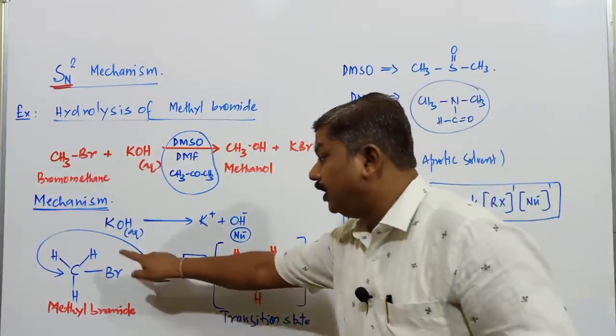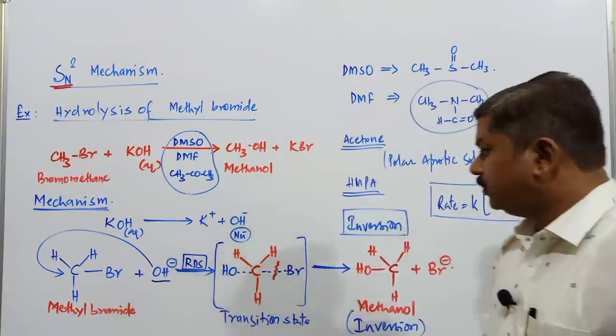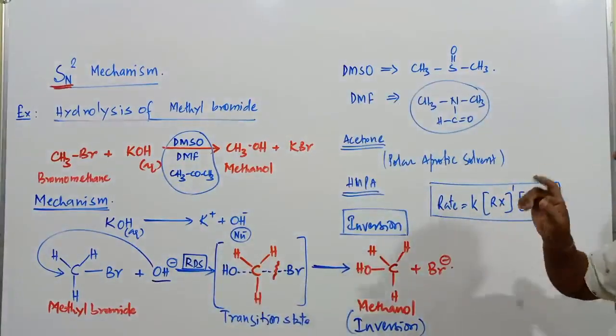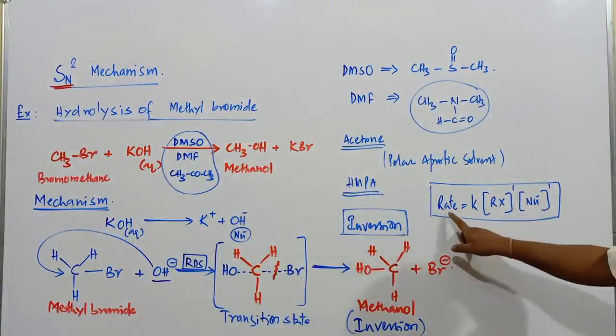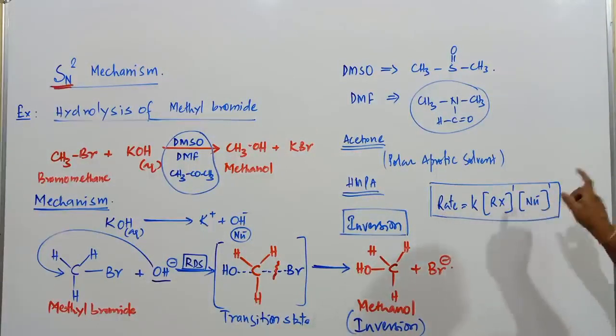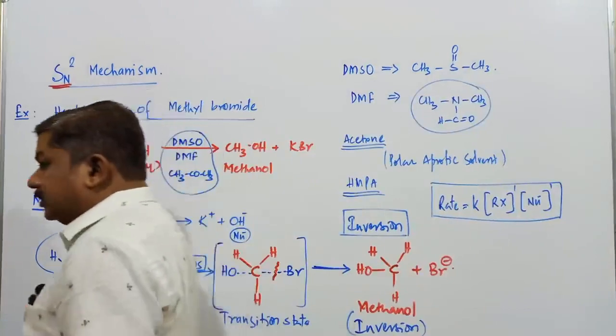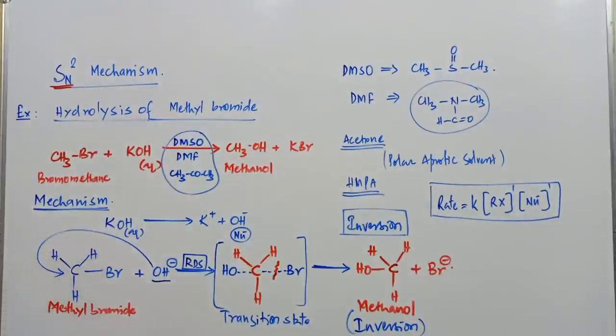Whatever molecules are present in the rate determining step, the slow step, those molecules will affect the rate of reaction. So the rate depends upon the concentration of alkyl halide as well as the concentration of what? The nucleophile. So this is about the SN2 mechanism which takes place in various types of molecules.